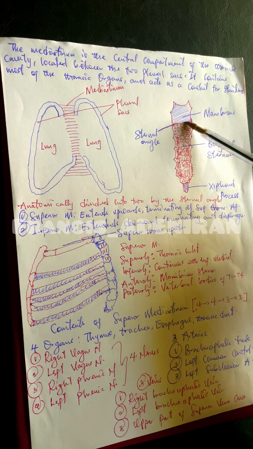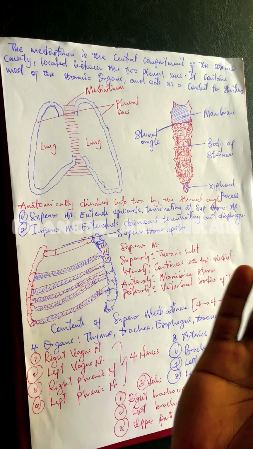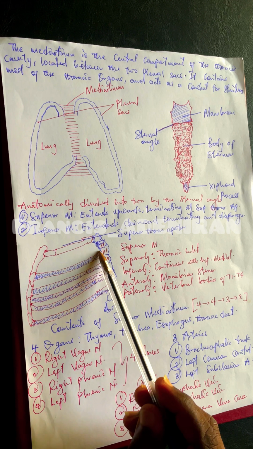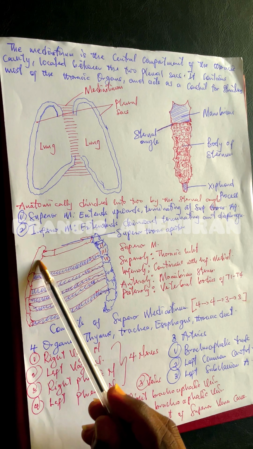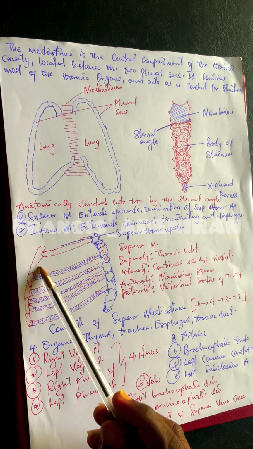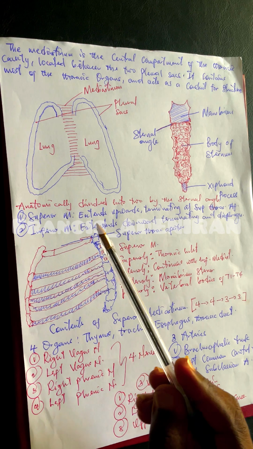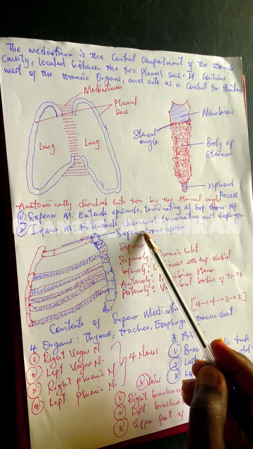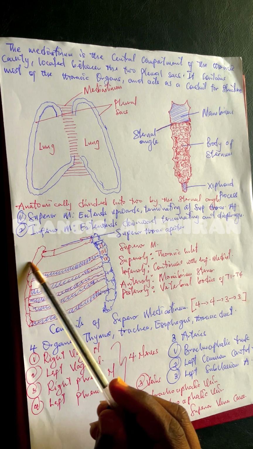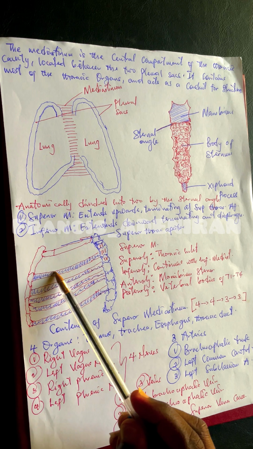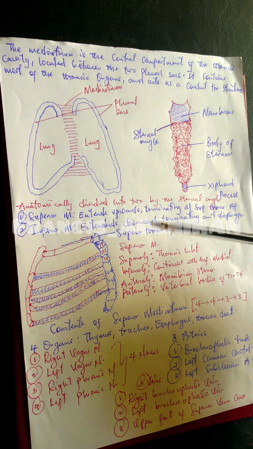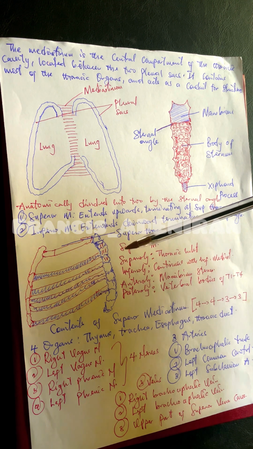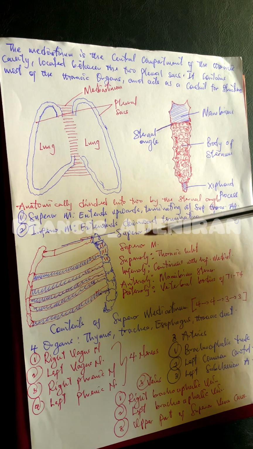So if this is placed in front of this and it is now flipped like this, this is the manubrium, which means all the structures posterior to it here are the superior mediastinum. So superiorly by the thoracic aperture, anteriorly by the manubrium, inferiorly by the sternal angle, then posteriorly by the vertebral bodies of T1, T2, T3, and T4.